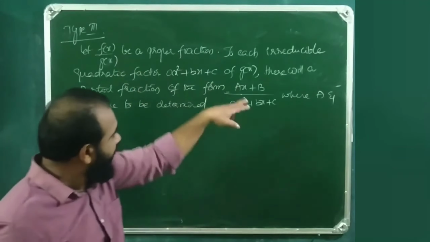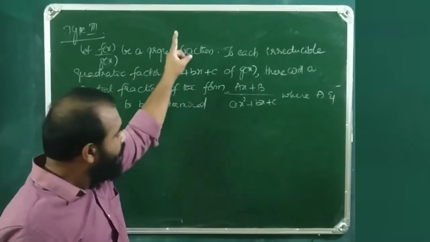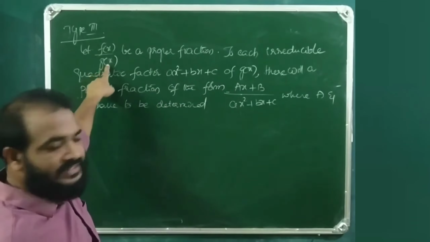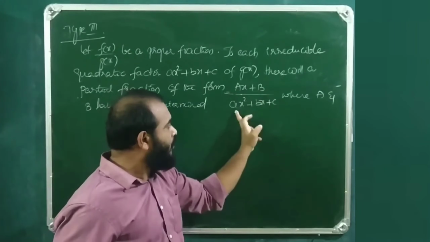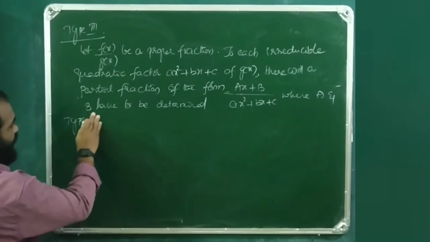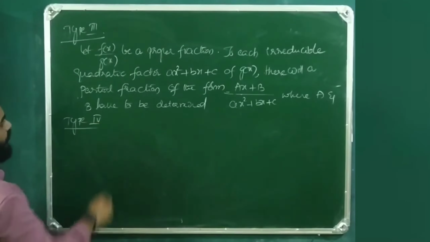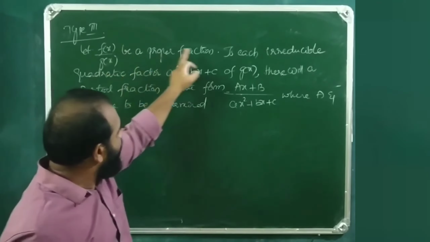So to each irreducible quadratic factor of g of x, there will be a partial fraction of the form Ax plus B by ax square plus bx plus c. Type 3 says: let f of x by g of x be a proper fraction.